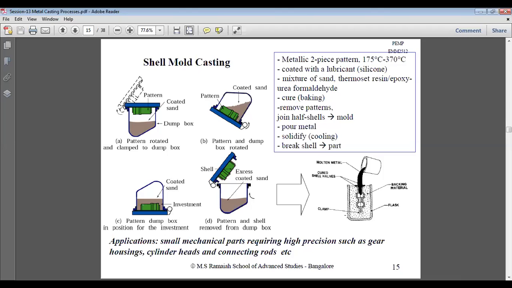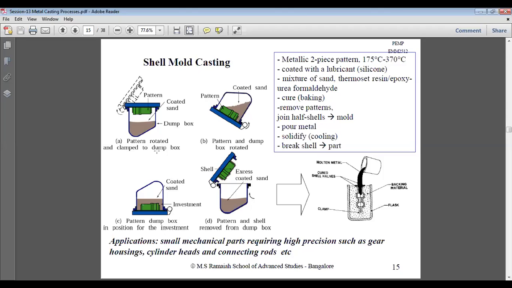Rather than a cavity made by molding sand, we have shells of plastic materials, and molten metal is poured into that. This is backing material and this is supporting material. In normal casting, we have molding sand here, but here we have different materials, and the front material is plastic, of course.